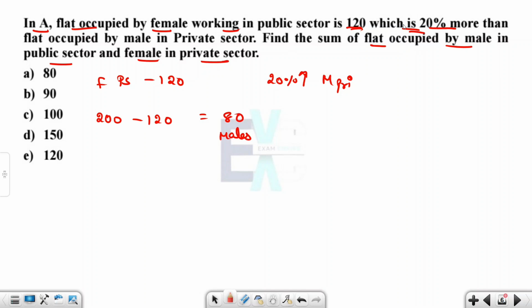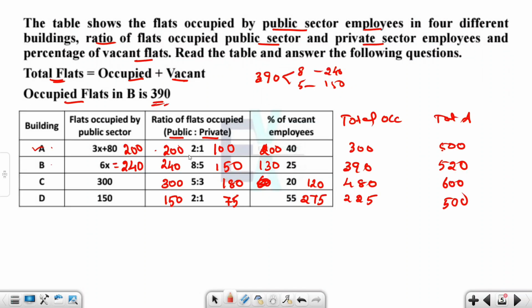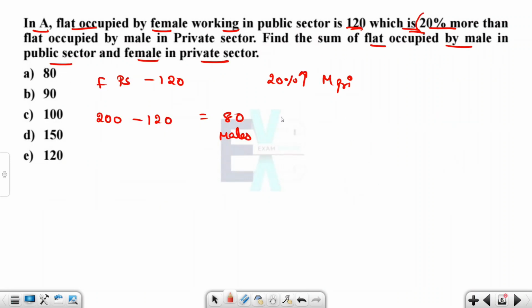And next, what have they given? 120, which is 20% more than flats occupied by males in private sector. So how many members occupied flats in A? 100. Okay, that means in that case, males in private completely occupied, right? Now what is the question?